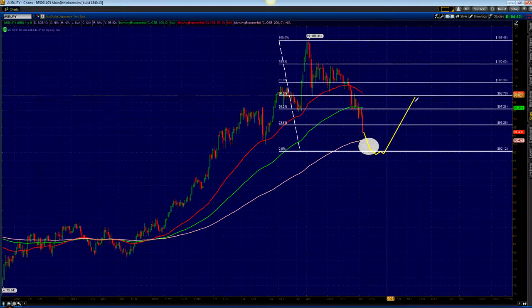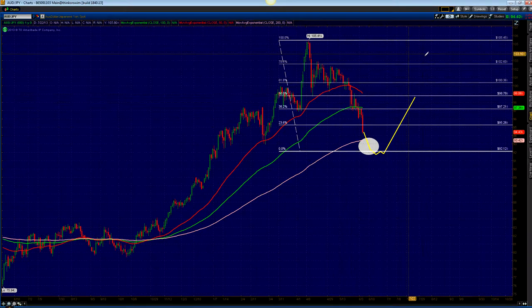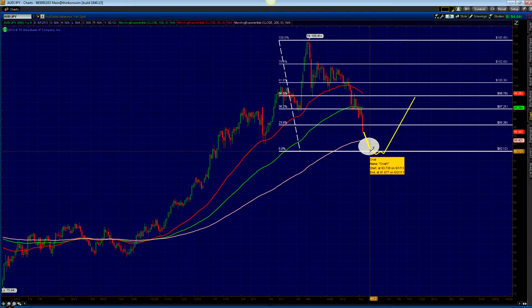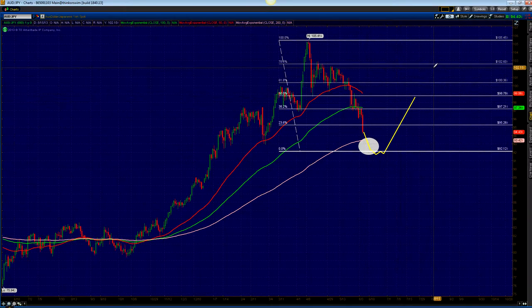But certainly you want to keep an eye on anywhere we have a fib level corresponding with a moving average level. So for example, right now, if we fell down to this level here very quickly and started to rally, you can see that this 50 period EMA would be pretty close to this 50% fib, that 98.78. That would be the first area I would start to look at.